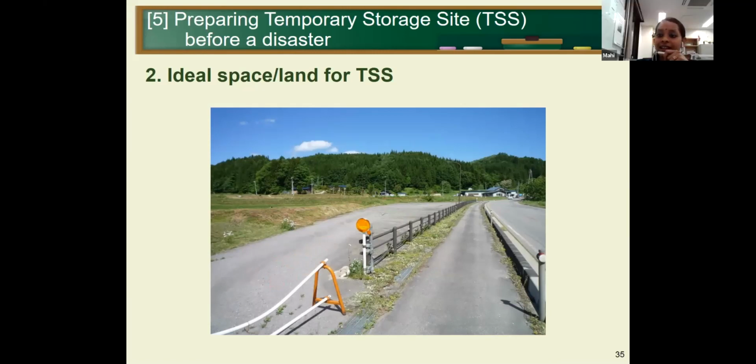Maybe this site can work out because the owner might be the public sector, so it will perhaps be easier to get permission to use this as a TSS. And I also think that this is a good place because it has good access, as it's located on the side of the road. Yeah, it looks okay, I think, since there are no residents around the site.